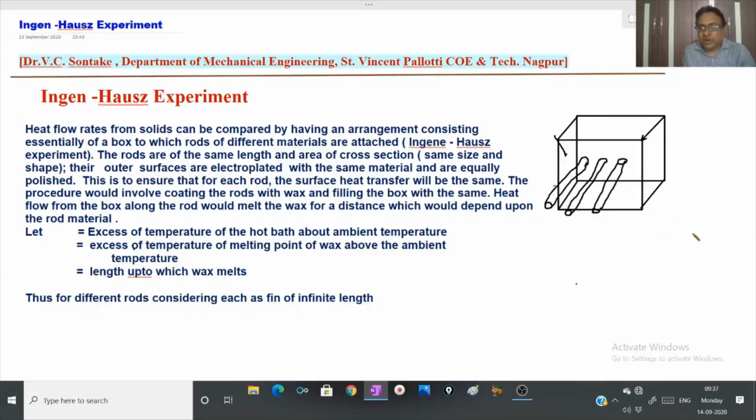More and more rods can be attached to one side of this box. Let's say the thermal conductivities of the materials of rods 1, 2 and 3 are K1, K2 and K3 respectively.